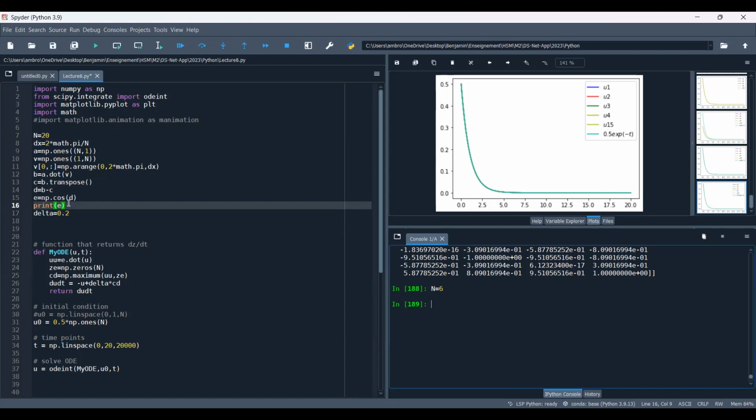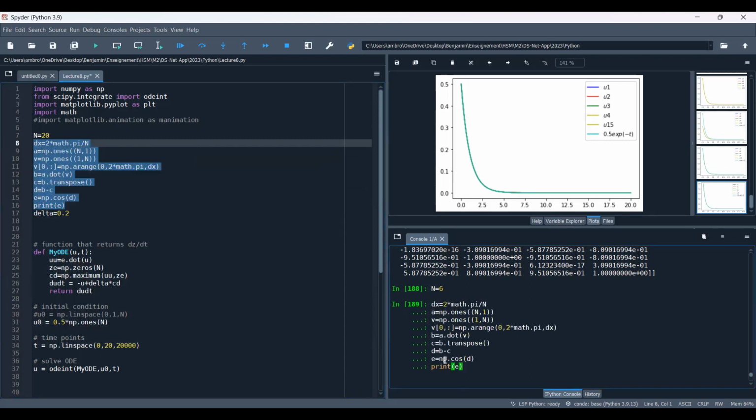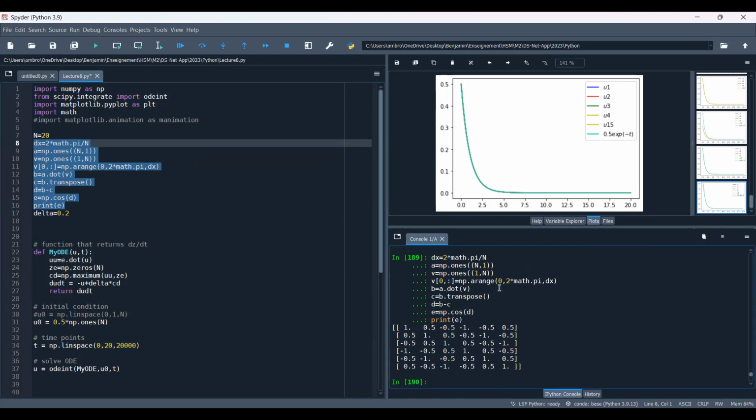To show you that, I just copy those lines and put them here. So these lines of code are just to obtain a connectivity matrix.